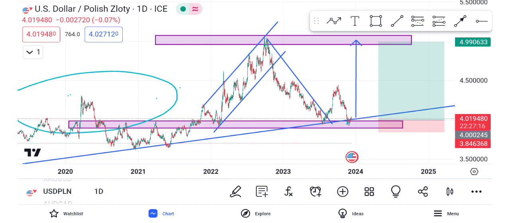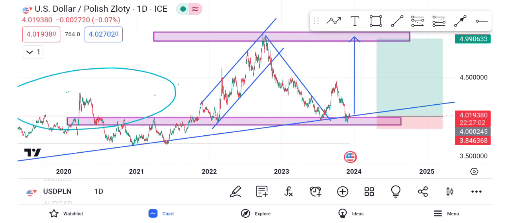Just maybe once in 5 days you check back and see how the market is reacting. No stress. There's nothing like giving yourself stress, checking your trade every second, every minute. You let your money work for you.